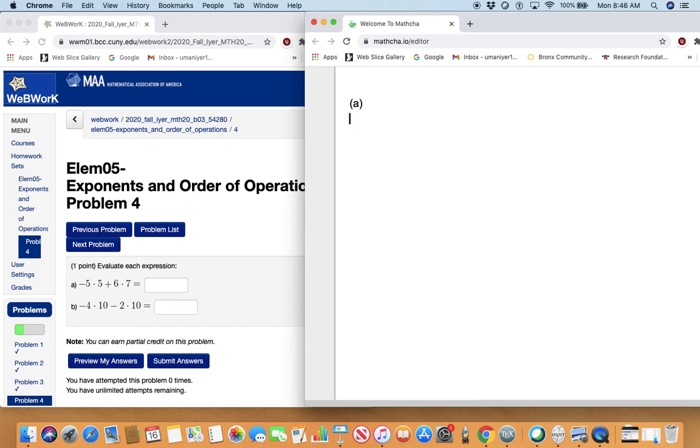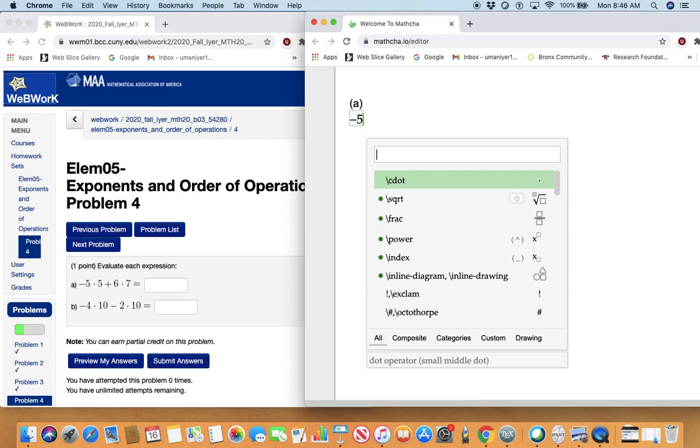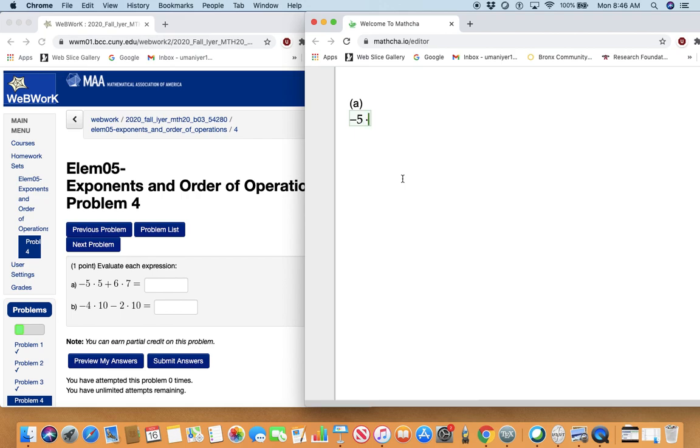A part. Negative 5 times 5 plus 6 times 7. Well, how do you approach it, right? Now, there is an addition and there are 2 multiplications. Well, multiplications take precedence.